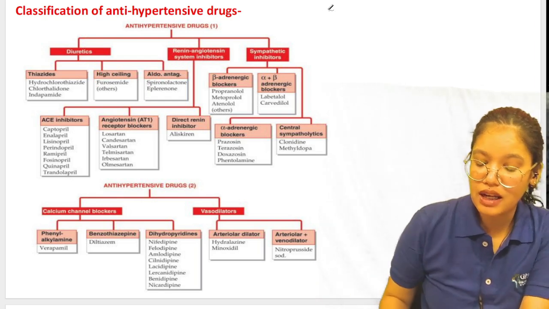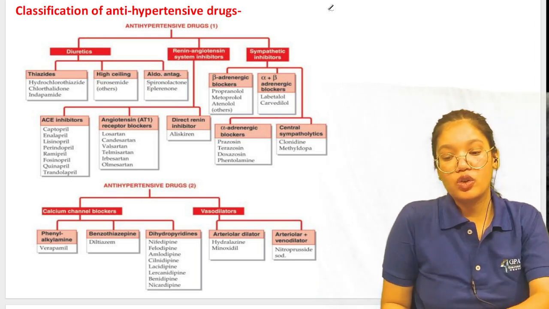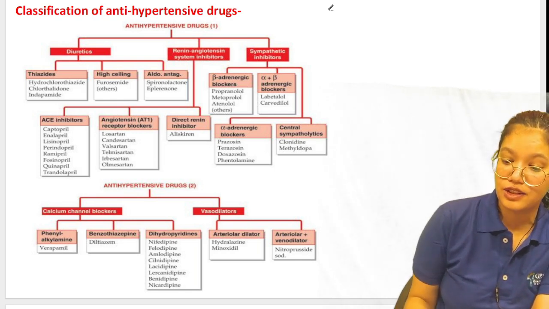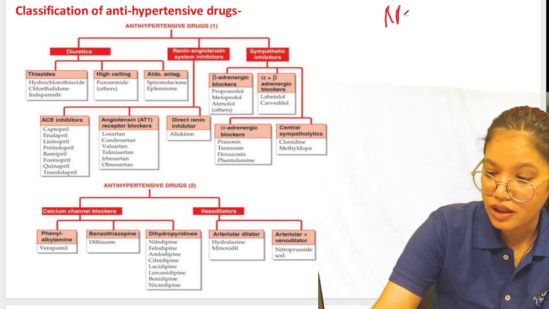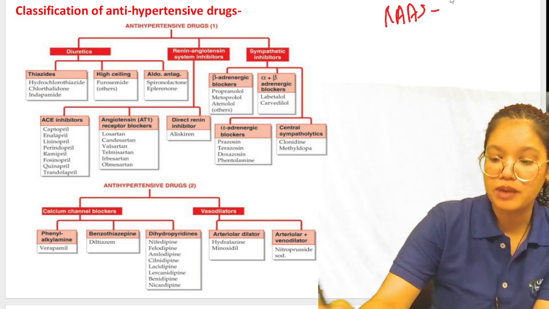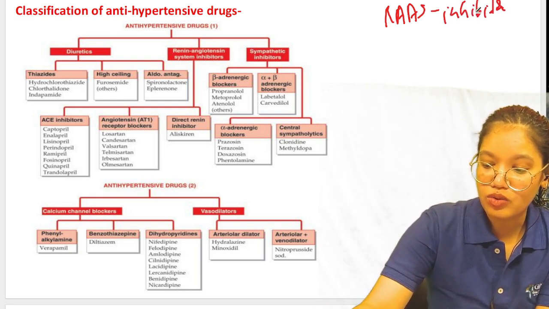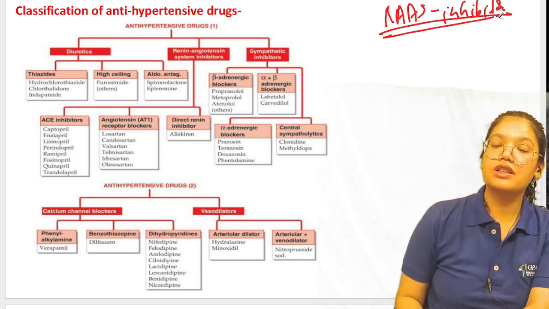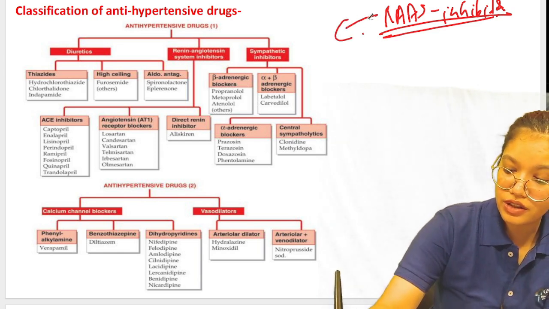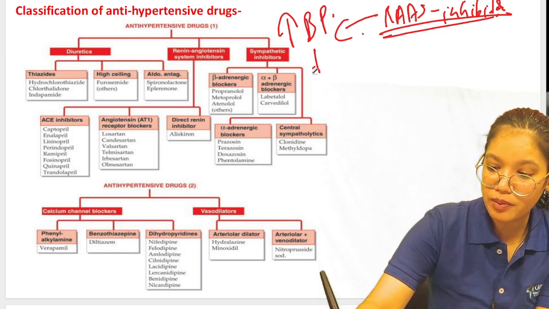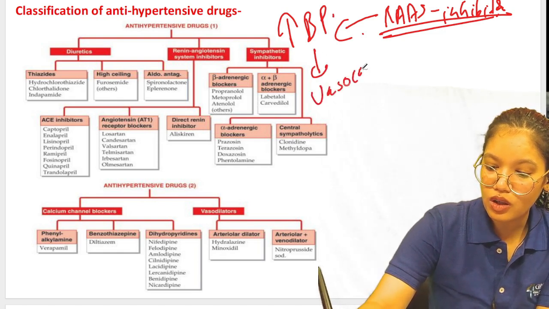Then the next class we have is the renin angiotensin aldosterone system, or RAS system, inhibitors. So what is this RAS system? This RAS system results in increasing of the blood pressure by vasoconstriction.